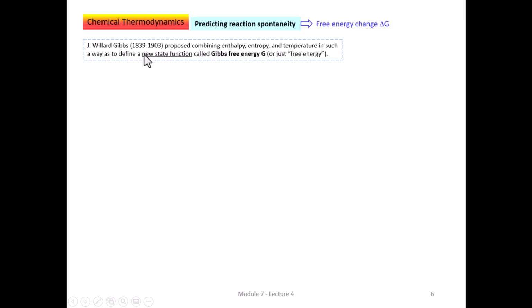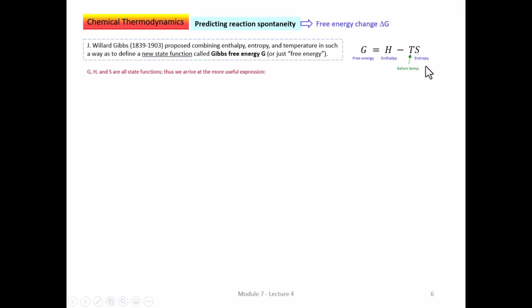In the 1800s, J. Willard Gibbs proposed a definition for something called Gibbs free energy G, which was a new state function, and he defined it simply as the sum of the enthalpy of a certain state minus the absolute temperature times the entropy of that state.